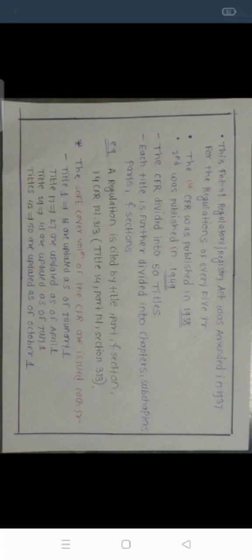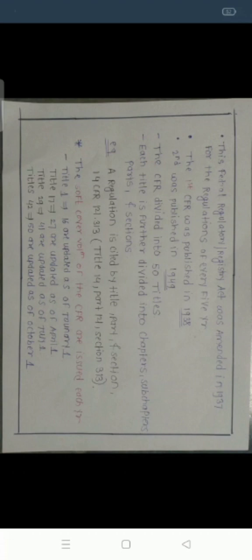Then the soft cover volumes of the CFR are issued each year. It means every year there is a new update in the CFR. Titles 1 to 16 are updated as of January 1st.